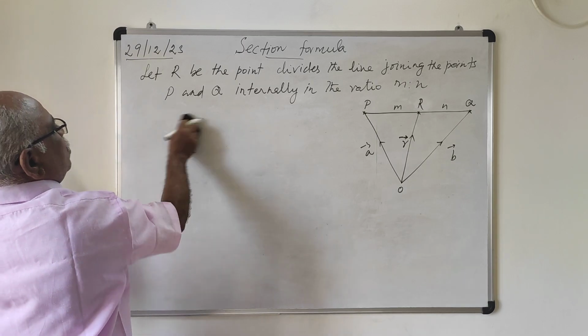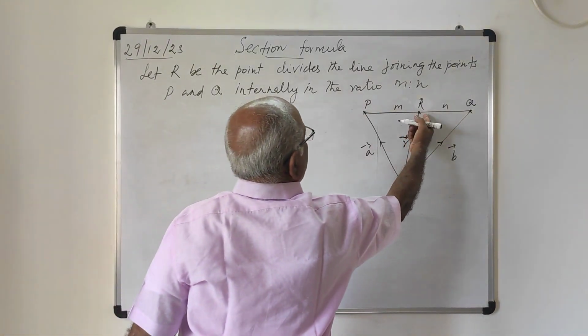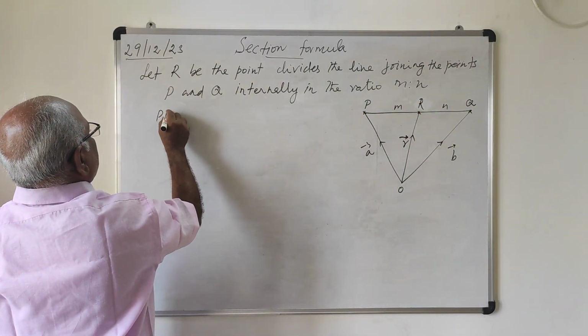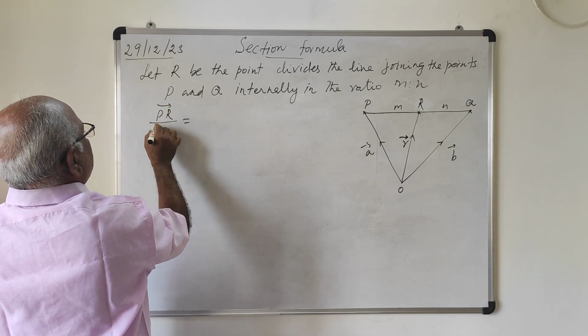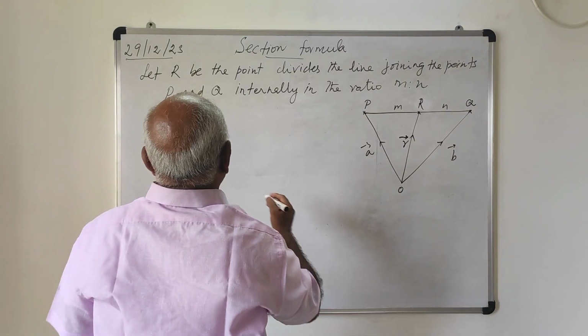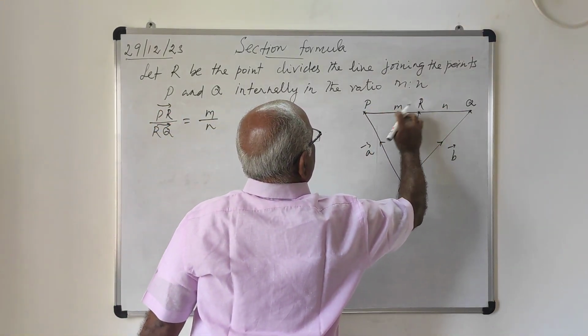Therefore PR by RQ, PR vector by RQ vector, is equal to m by n.